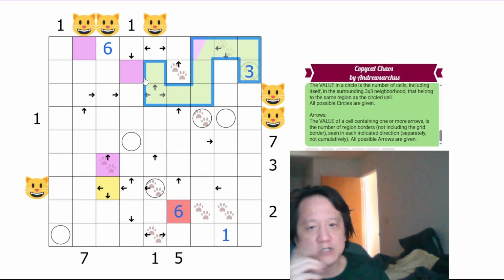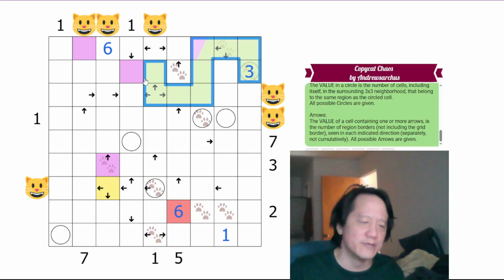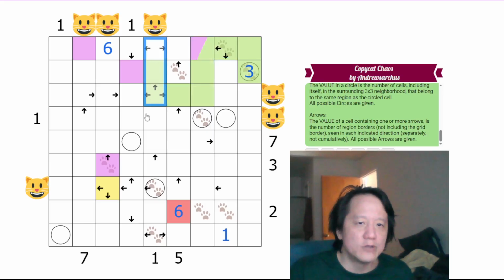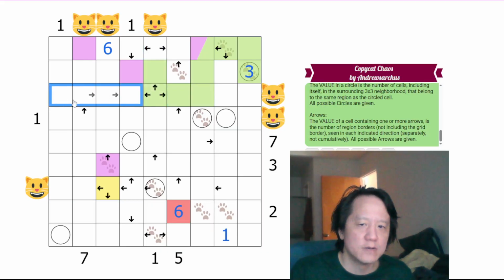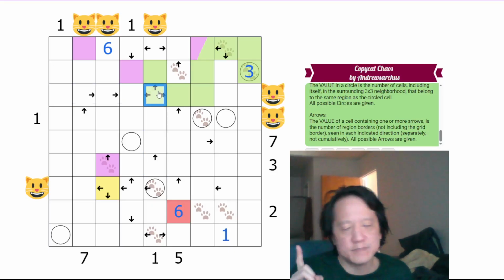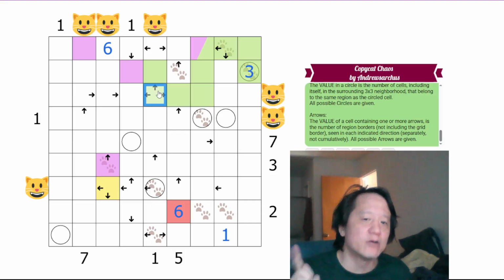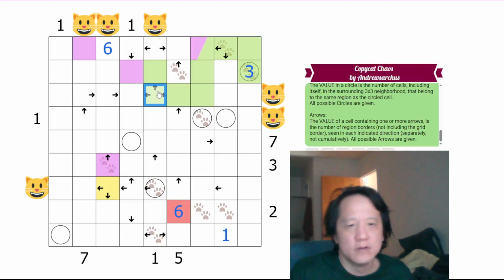Cumulatively would mean that all borders would add up to a sum. But here, since it's separately, that means it's the number of region borders seen in each direction. And all possible arrows are given. So there is a negative constraint for that.